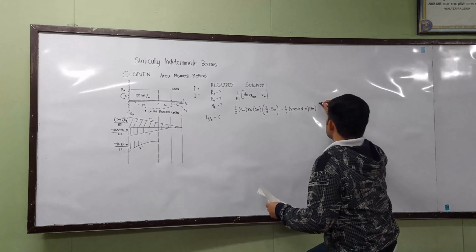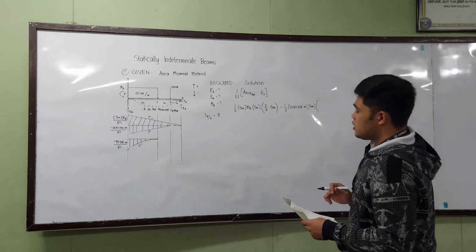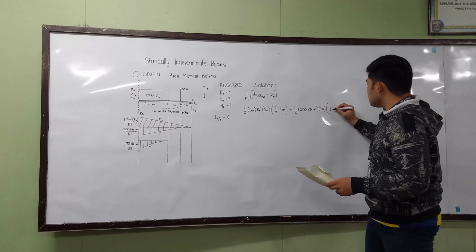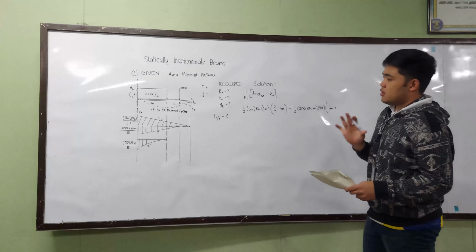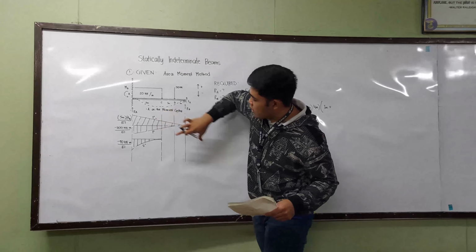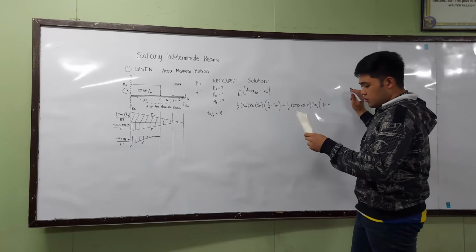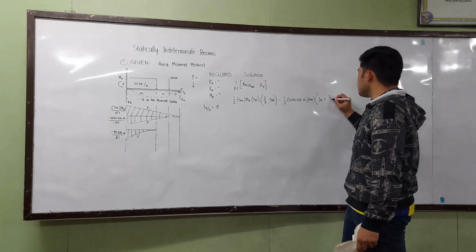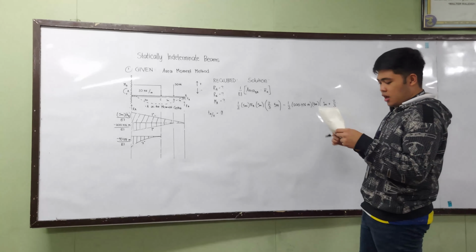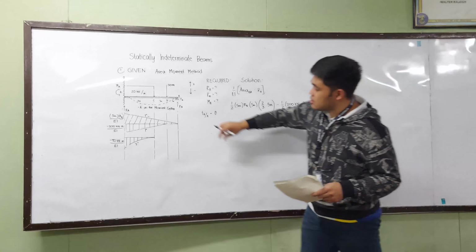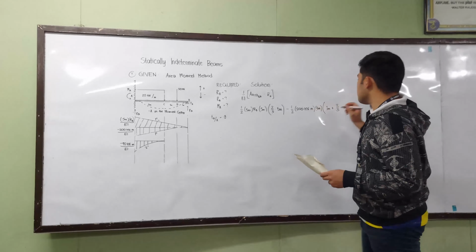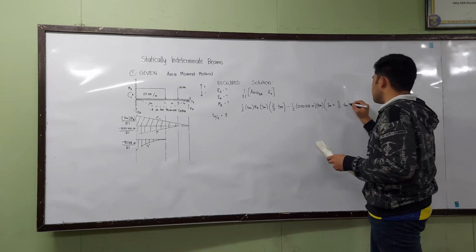Okay, and for the centroid, since we have a distance of 1 meter here, so we will add 1 meter plus. Now for our centroid, it is the centroid of this shape with respect to B. So it will be again 2/3 times 5 meters. Oh, it's now 4 meters. Since the distance of this is 4 meters, it's 2/3 times 4 meters.